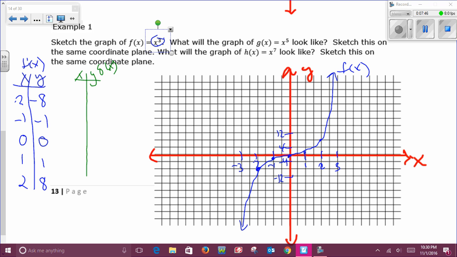This one's g of x, and this time we're raising everything to the fifth. Negative 2, negative 1, 0, 1, and 2. When I put in negative 2, I get negative 32.